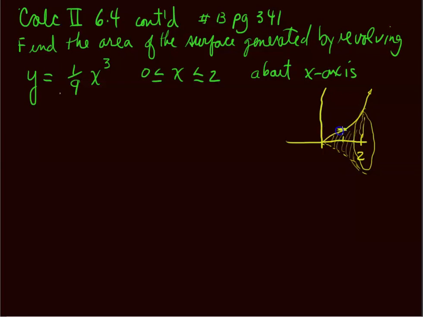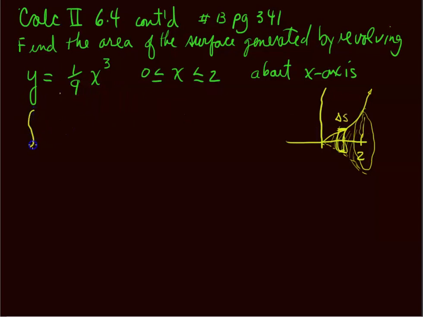Because we want to find that surface, we're looking for this strip. That is the delta S. And since we're doing this about the x-axis, we need the radius, which is a y, and do this delta x, or dx, if that makes sense.